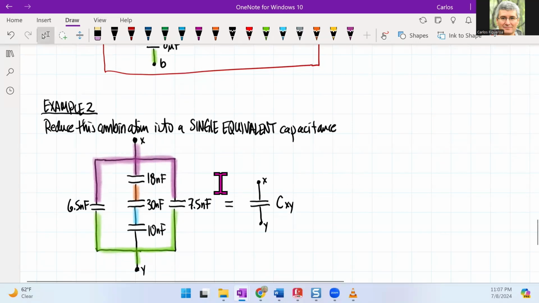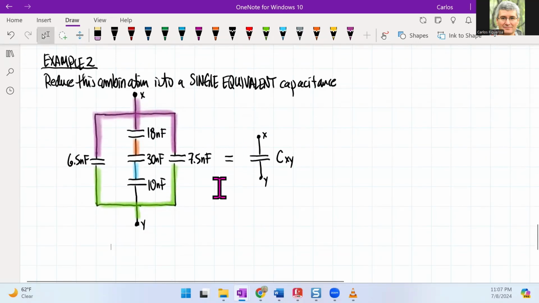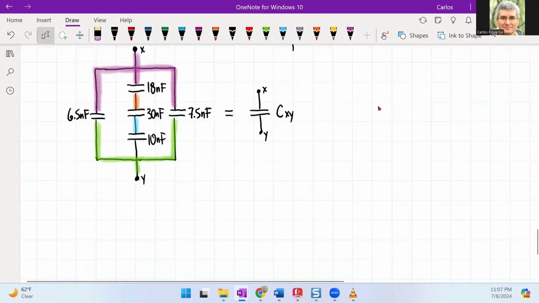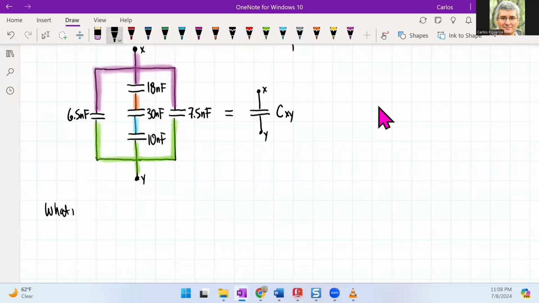So now that I look at this thing, the first thing that we want to do here is identify what's in parallel and what's in series. To me, the most pressing one is the guy here in the middle. You can see here that the 18, 30 and the 10 right smack in the middle have one color between 2 capacitors. So what I'm going to say is what is in series.